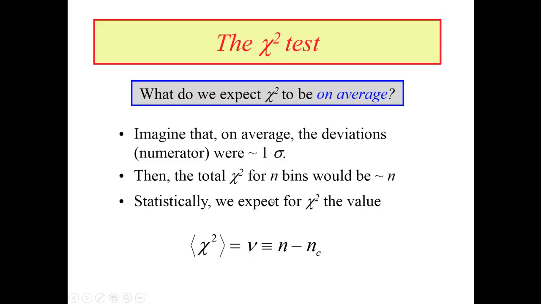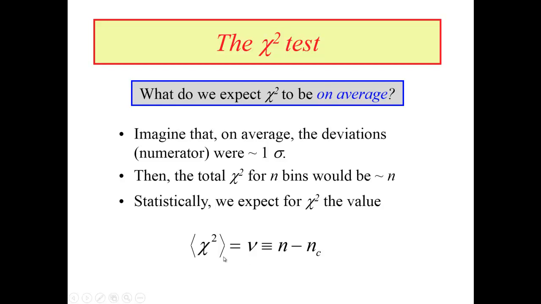So statistically, we would expect for the chi-squared term something close to n, and in fact, when we take into account that there are a certain number of constraints on the data that we use, perhaps we use those data to extract the mean value, and that adds a certain constraint to the data, we're going to define this quantity nu, the Greek letter nu, to be the number of possible values minus the number of constraints.